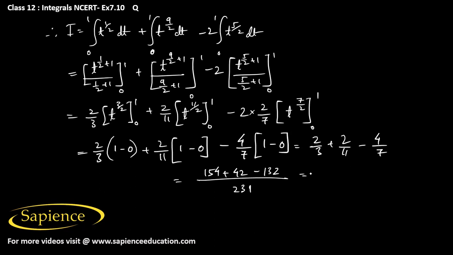So this will be 22 plus 42, which is 64.